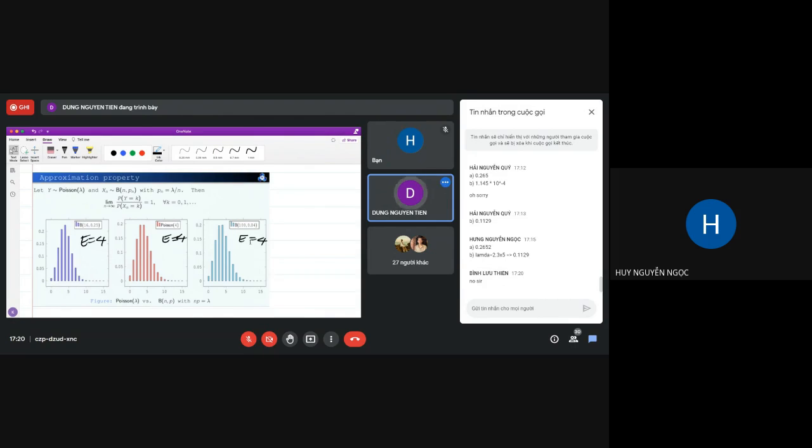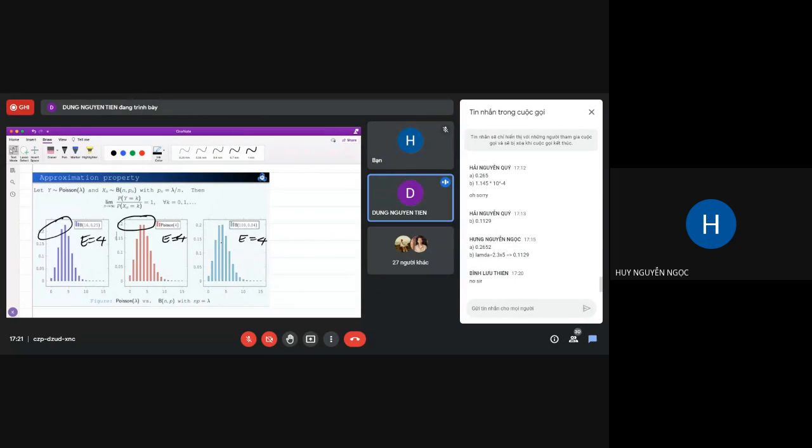And then, you can see that the first distribution and the second distribution are completely different. However, when you compare the second and the third distributions, they are very similar to each other. It's really hard to recognize the difference between them, right?